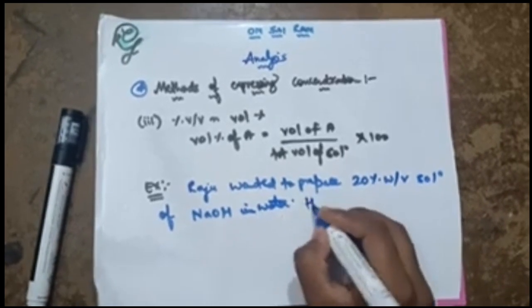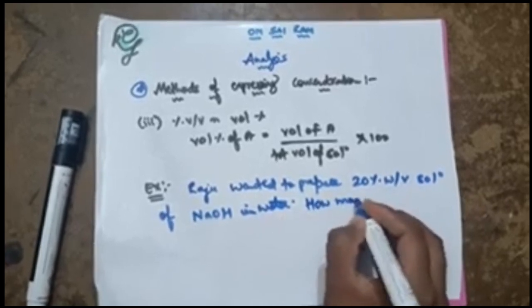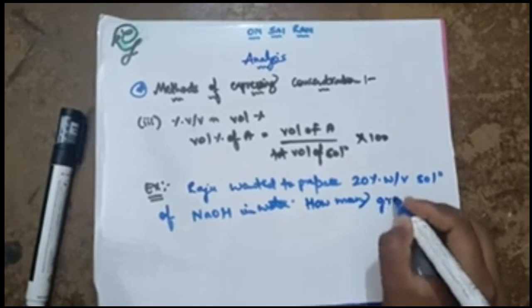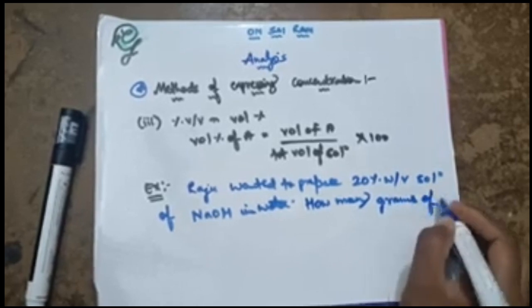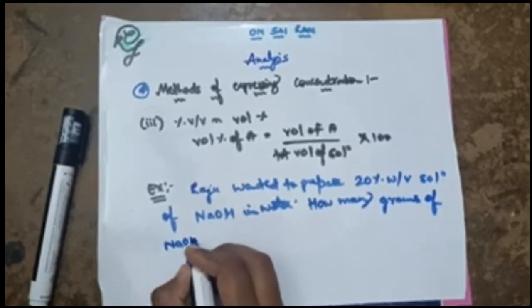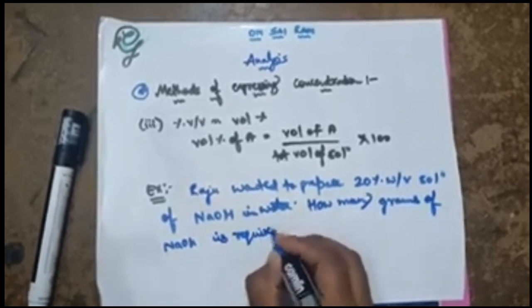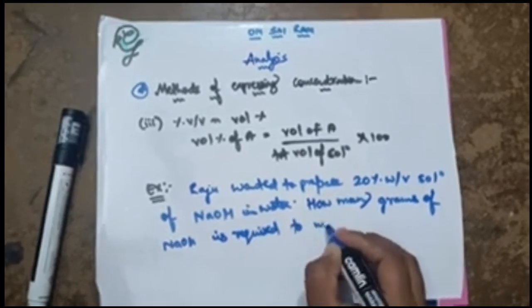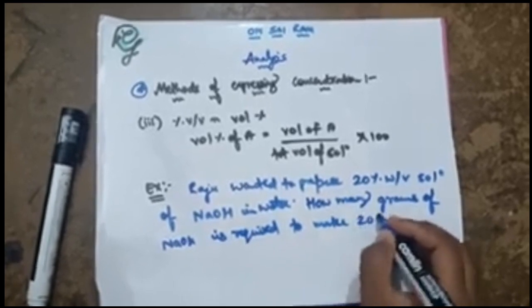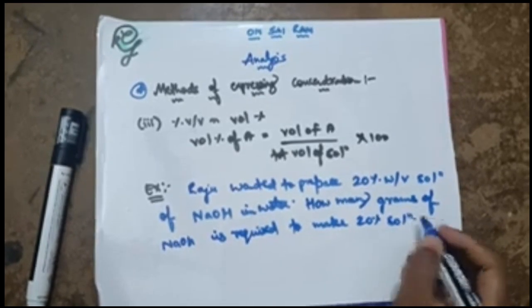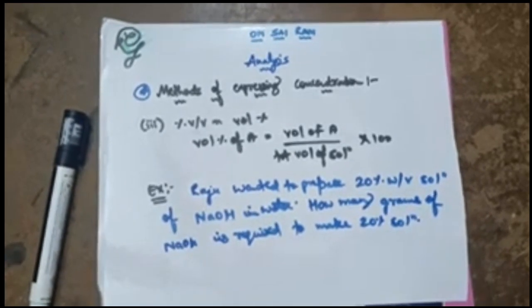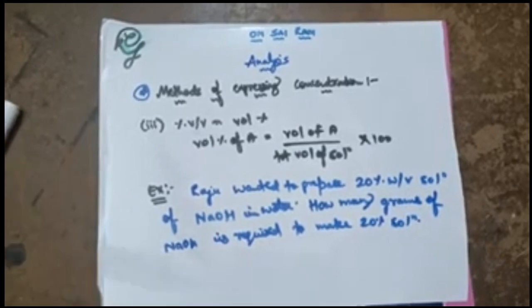How many grams of NaOH are required to make the 20% solution? So this is the question. How do you solve it?